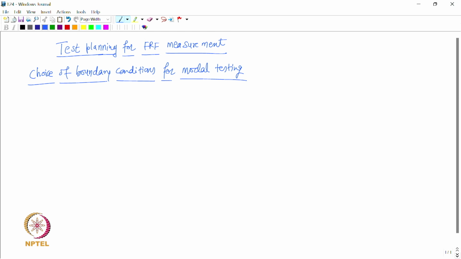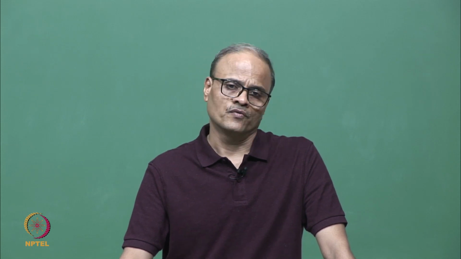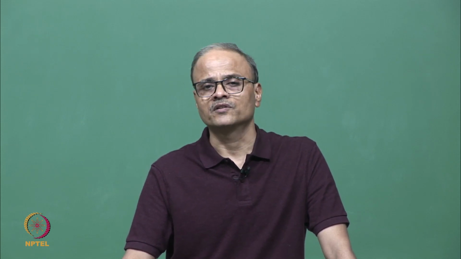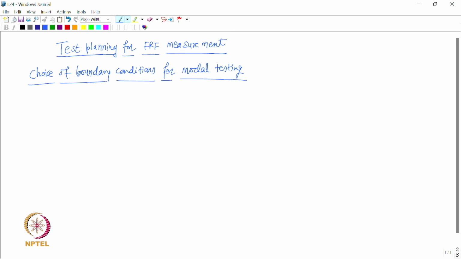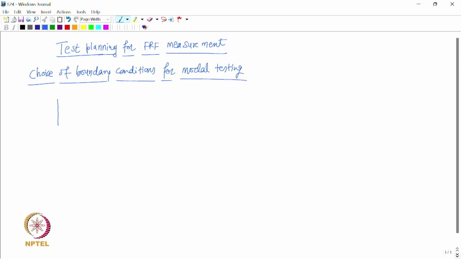One thing we should note is that the boundary condition affects the system's natural frequency. Its modal behavior is affected by the boundary condition. One example could be a cantilever beam of certain geometry and material, which has certain natural frequencies.